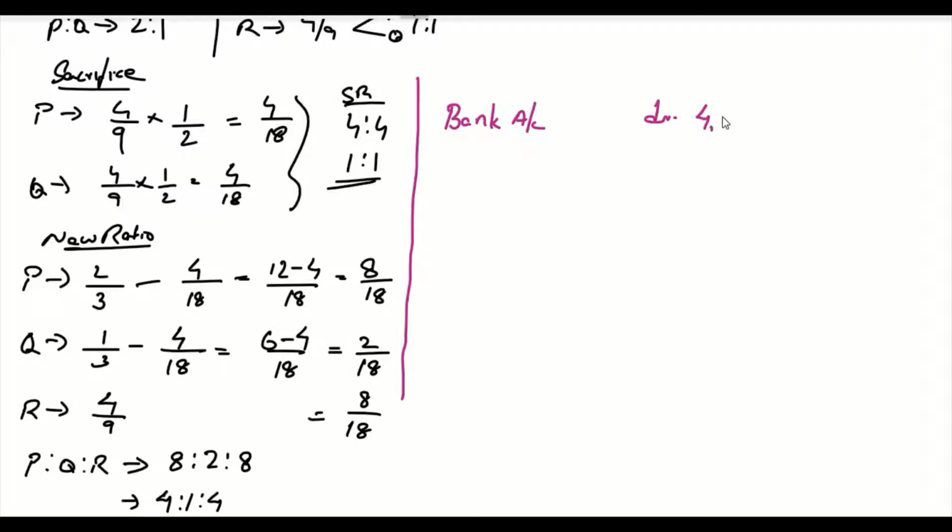So he's bringing in cash of 4,30,000. To capital, it's going to be 2,50,000. To premium on goodwill, it's going to be 1,80,000.